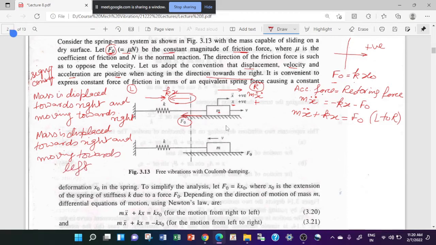So here velocity is in this direction from right to left. So again spring is under tension externally, but internally it will be compressive here.